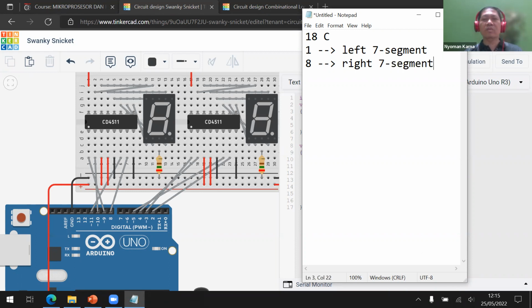How can we split 18 to become 1 and 8? There are so many things that we can do to split that value.